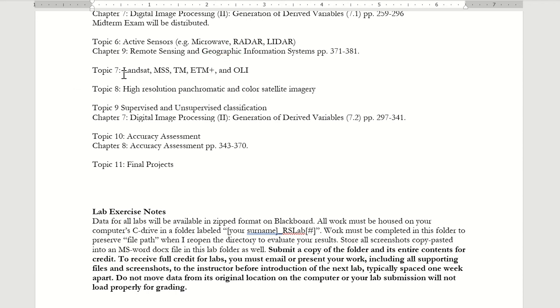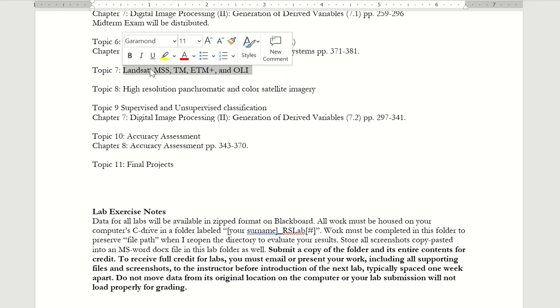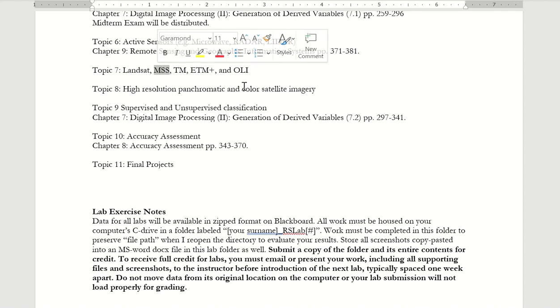Typo there. We'll get into Landsat. This is the 35-plus-year, I guess if you get into the multispectral scanner sensor, you're looking even further back, long-running USGS program to document land cover on the surface of the Earth.